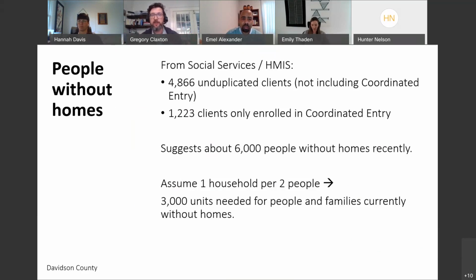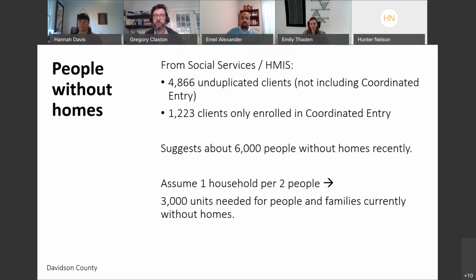They identify about 4,900 clients, not including coordinated entry, who are unduplicated, individuals that they can count, and then about 1,200 individuals who are enrolled in coordinated entry. That suggests, and again, there are some issues with time frame and the data vintage of the other stuff, but to get a working number here, it suggests about 6,000 people without homes recently. Some number of those are children.